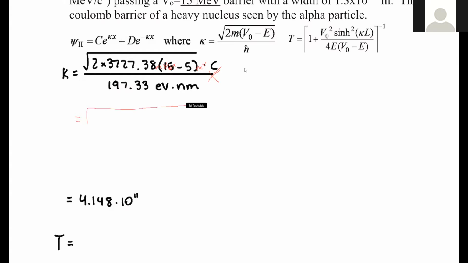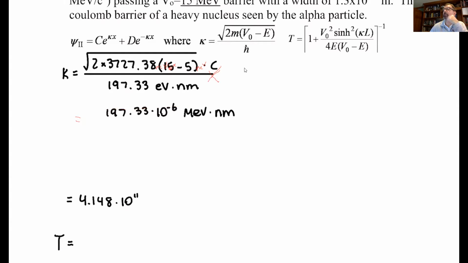Yeah, absolutely. Because remember, if you're going to use 3727 right there, that's 3727.38 MeV per c squared. It is not just, as a lot of people do, write MeV. So this is a beautiful number right here, but it is units of MeV per c squared.